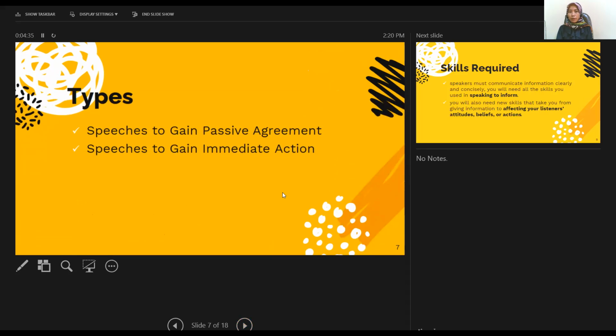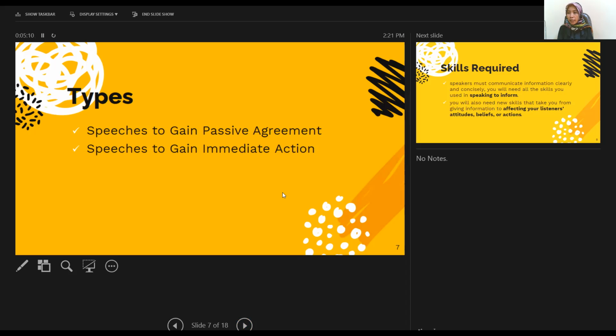Now we are going to talk about types of persuasive speech. The first one is speech to gain passive agreement, and the second one is speech to gain immediate action. Ini bedanya di mana gitu? Kalau untuk to gain passive agreement, so kalian hanya membuat your audiences from disagree into agree, or you can switch it around dari agree to disagree, gitu ya.